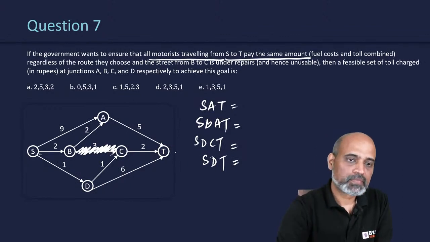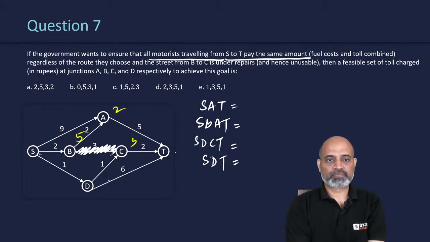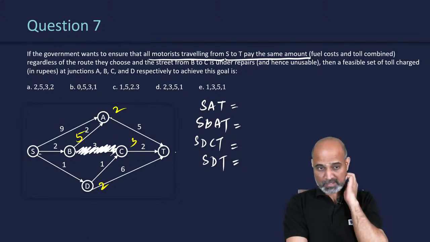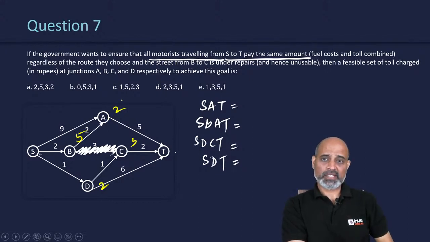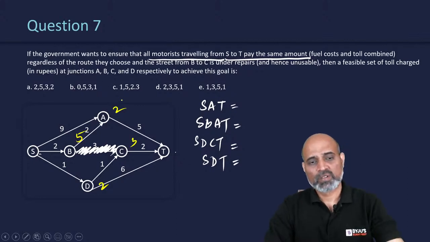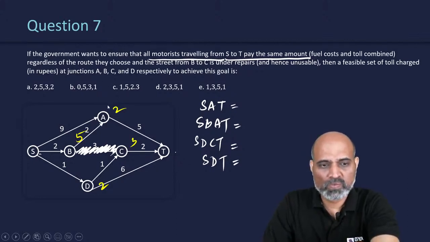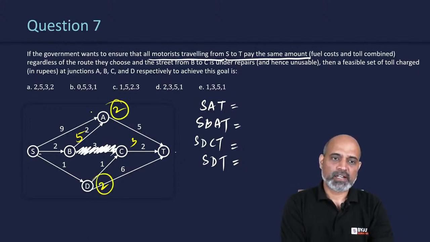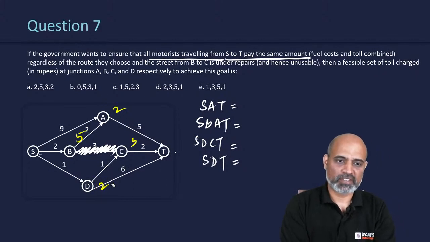pays the same amount. So if we take 2532, the moment I take 2532, this one will not make sense, because from here this is 15, anyway let's check one by one.